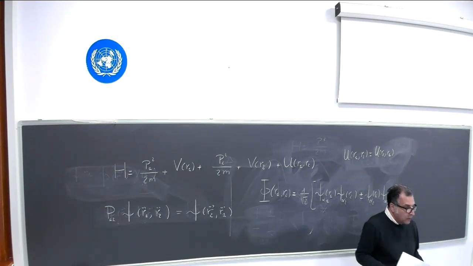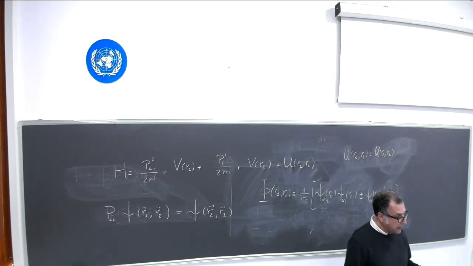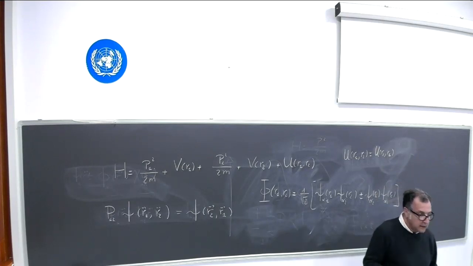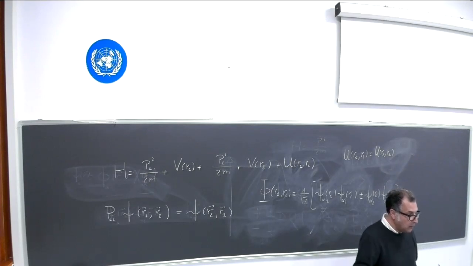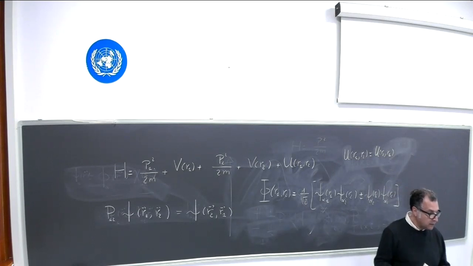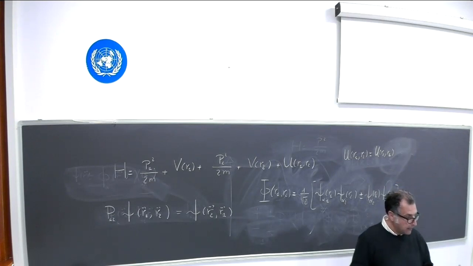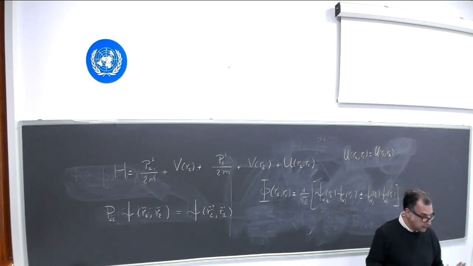So if you have 3 identical particles, basically the only thing you're asking is how the wave function of a given configuration, with a given ordering of indices, is related to a permuted one. Okay, and now we are going to see how. Clear?